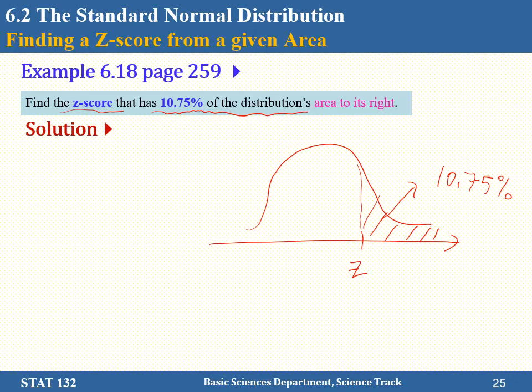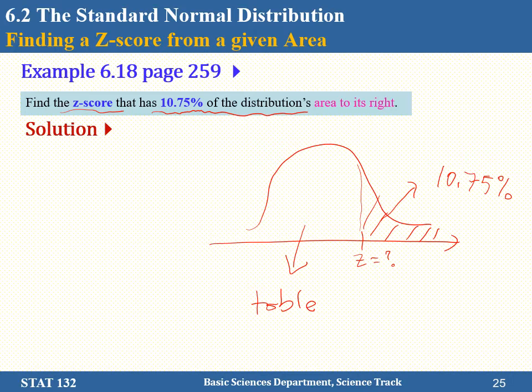So if this is little z here, it's asking the area to the right is this, so what is z? We can use a table, but the table always shows the left part. So in this case, first you have to find the left part. How can you find the left part?